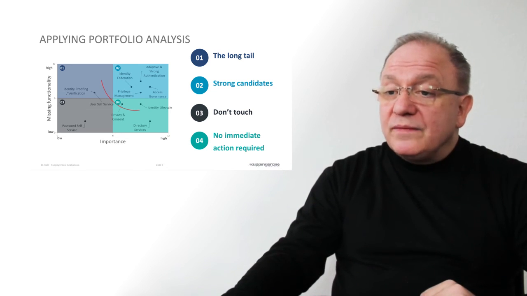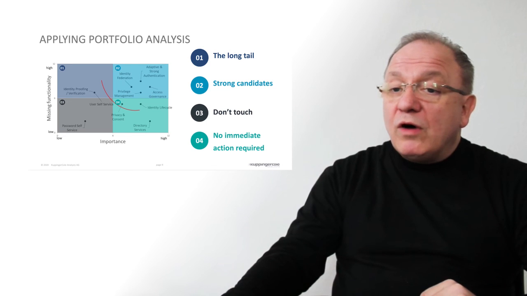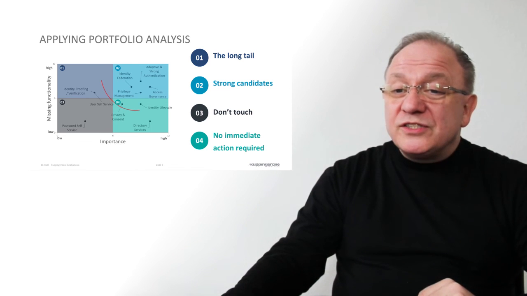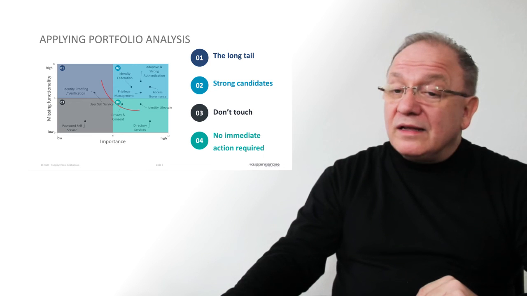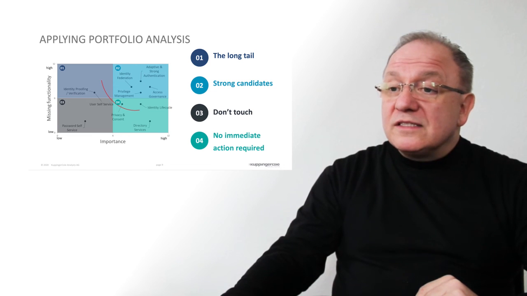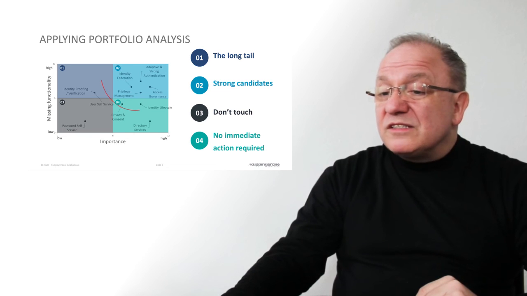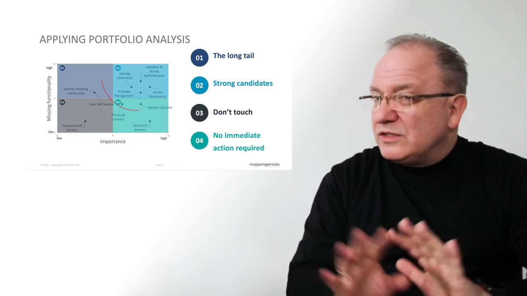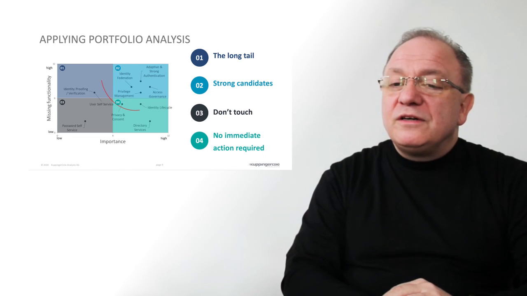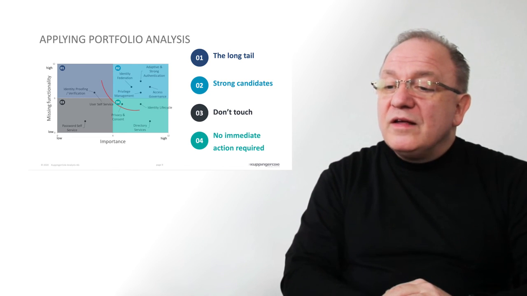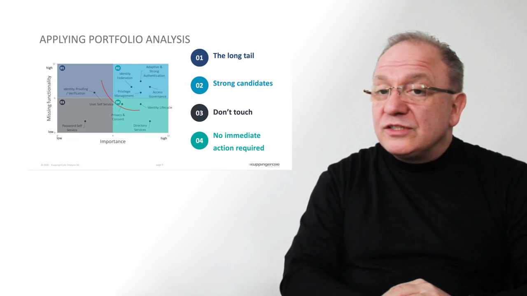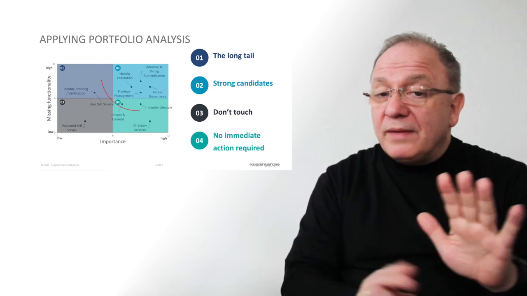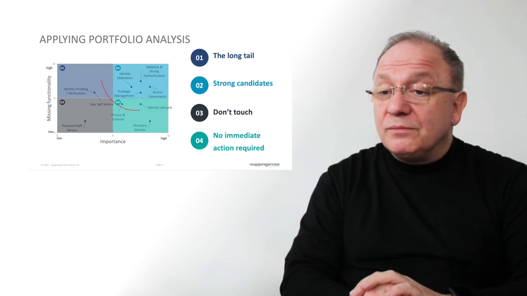And to finalize that picture, of course, there is the lower right segment where there is functionality that does not require much changes, but is highly important. So this is something where we would say there is no immediate action required unless there are other aspects when it comes to costs, which is not depicted in this picture. So these are something that do not require immediate action when we look at these two dimensions, missing functionality and importance.